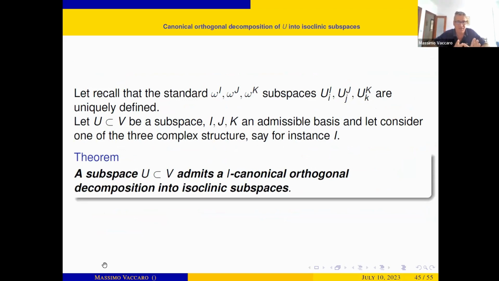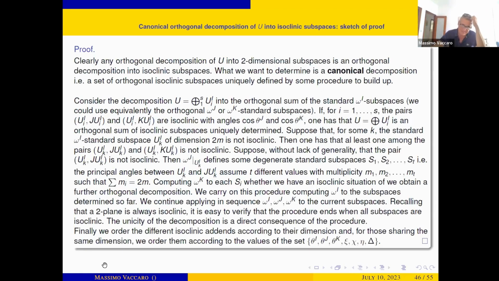Now we finished speaking about isoclinic subspaces and IJK and admissible basis, and let's consider one complex structure, say for instance I. Then I state that a subspace U admits an I-canonical orthogonal decomposition into its isoclinic subspaces. This is important. I put the proof here because it's a new result.